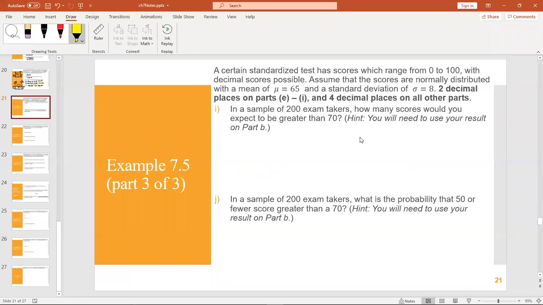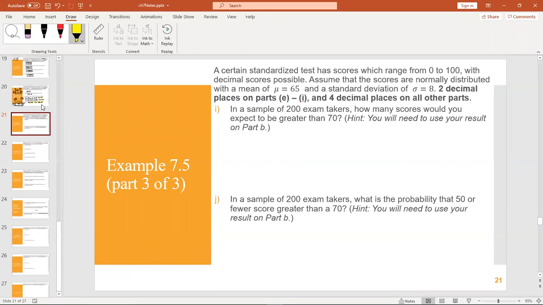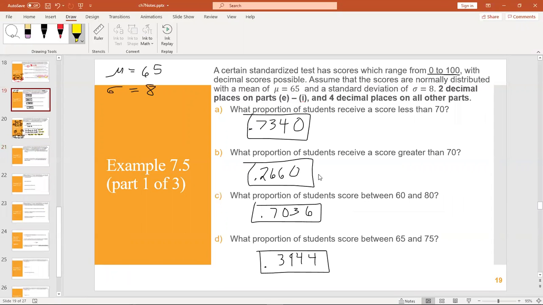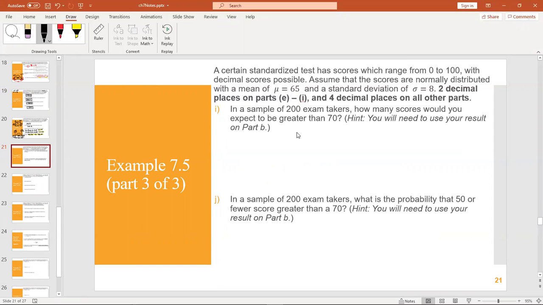In a sample of 200 exams, how many scores would you expect to be greater than 70? Hint, use your result from part B. All right, so part B was 0.2660. So the probability was 0.2660. If we have 200 students take this exam, then we just need to multiply 0.266 times 200.